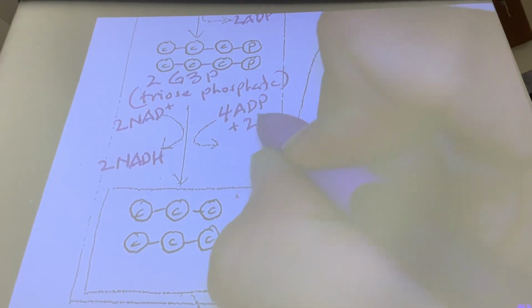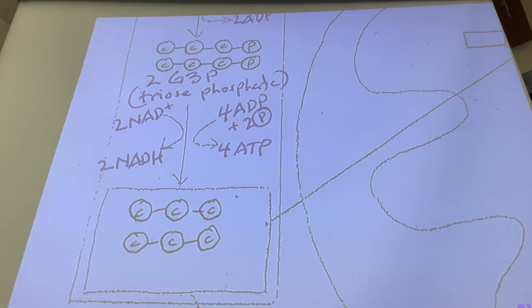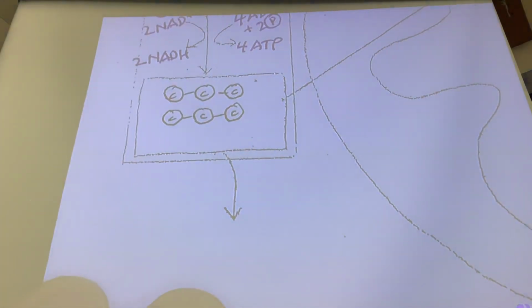I'm gonna use those phosphates that are there, but I'm also gonna need some more phosphates. So I'm gonna take 4 ADPs plus 2 phosphate groups, and that's gonna give me 4 ATP. Now I have 2 pyruvate molecules.